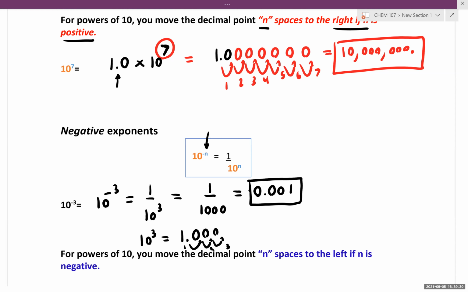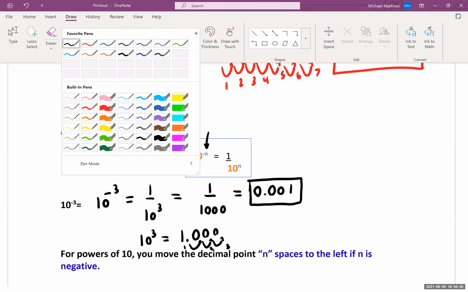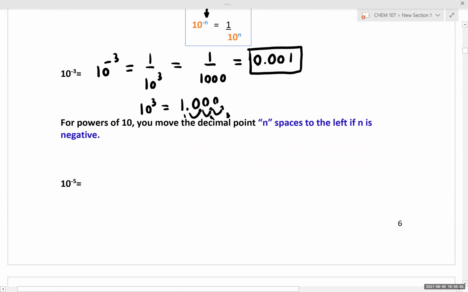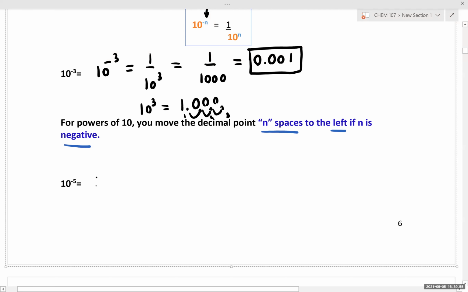So that's one way to write out negative exponents. The other way, which also uses a decimal point shortcut, is that if you're multiplying by negative powers of 10, you move your decimal point n spaces to the left if n is negative. For example, 10 to the negative fifth, we can rewrite as 1 times 10 to the negative fifth.